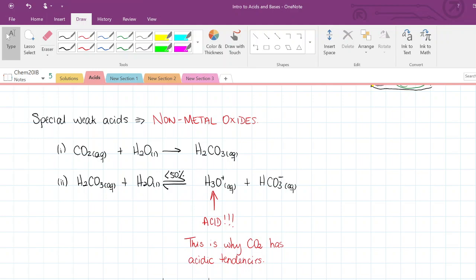Now, special acids, your non-metal oxides. That is your carbon dioxide, for example. This is a separate example here. CO2, right?